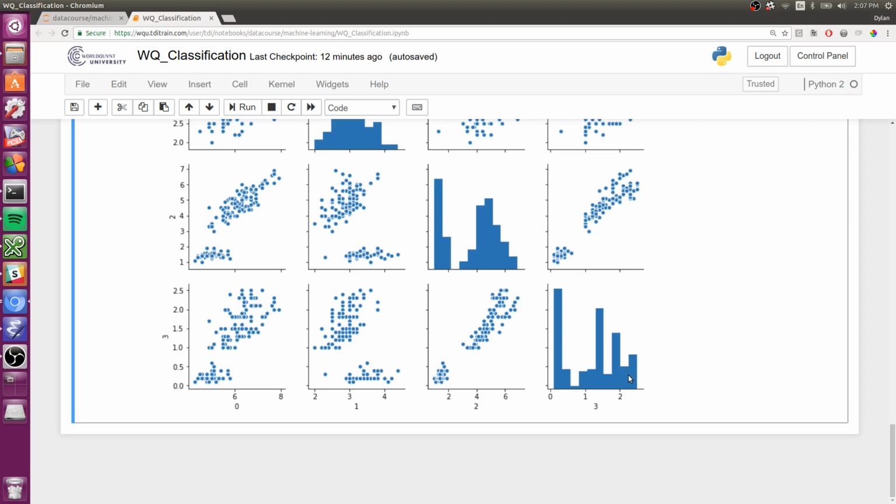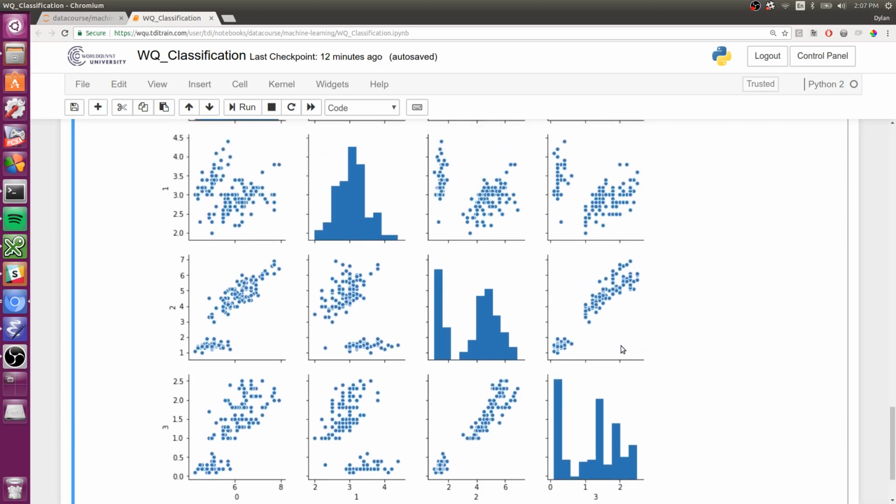So this is a very good sign. Already looking at single features, or combinations, pairs of features, we can easily imagine separating the flowers into two clusters. And if we're lucky, these two clusters will correspond with at least two different species of iris.